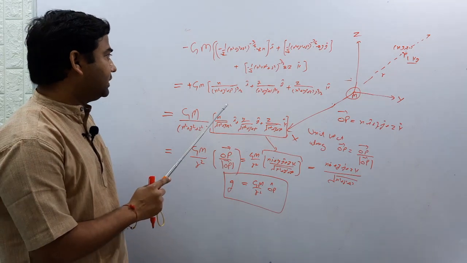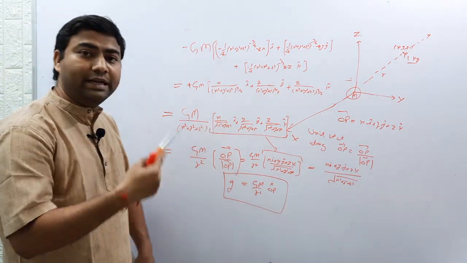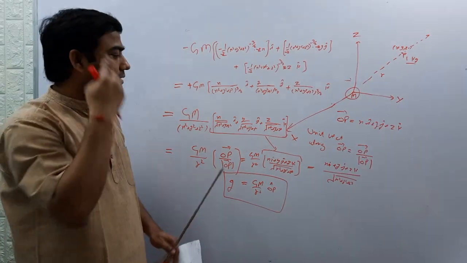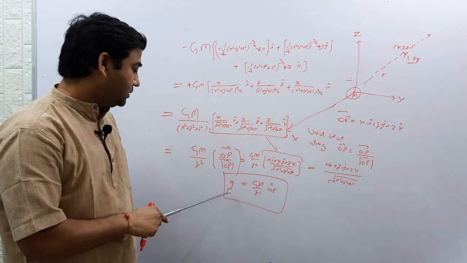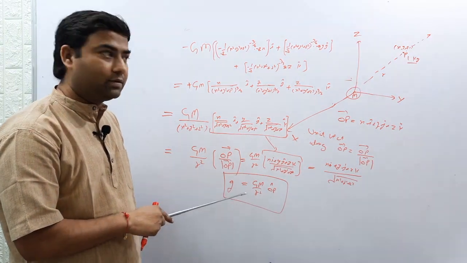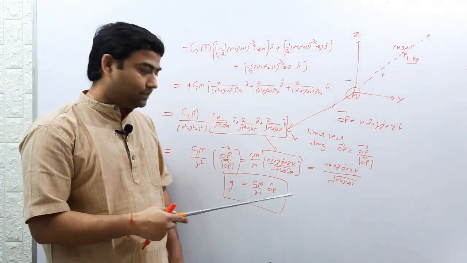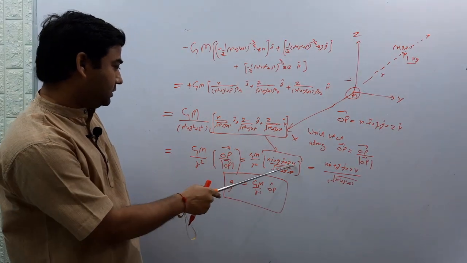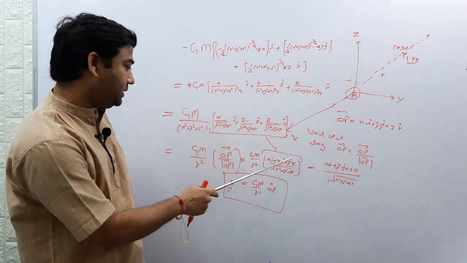So we have found here that when you find the gradient of potential energy, we got the gravitational acceleration expression. We got a vector field. This is a vector field, vector OP, and this is the unit vector OP.